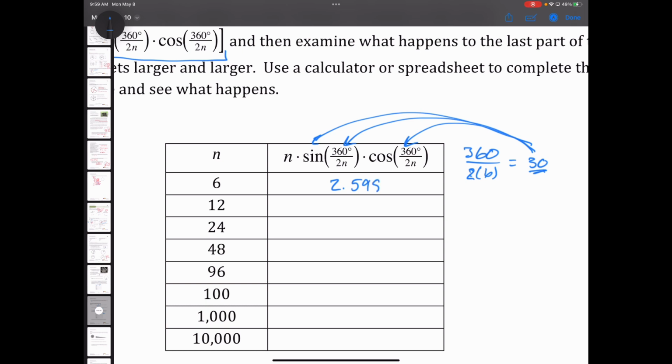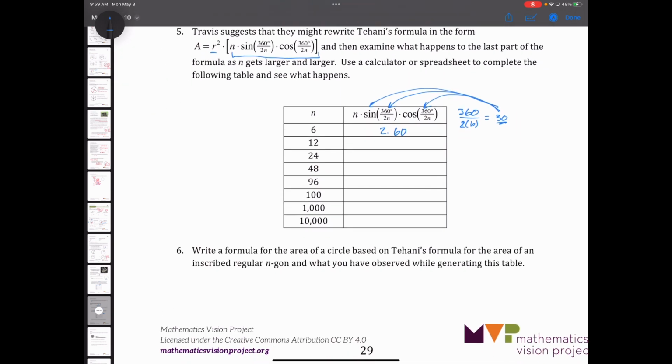Well, it should be 2.598, because the 8 would round that to 6. So we could even say 2.60. Yeah, because I put 2.598, but then the 8 would round the 9 to a 10, so you would have to round it to 2.60. Okay? All right. Any questions on that?